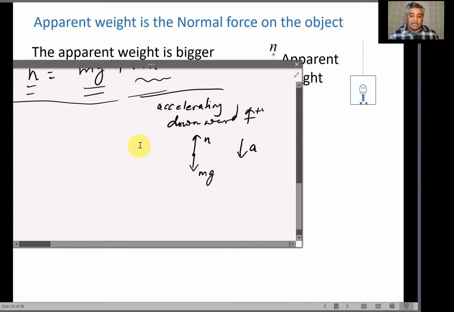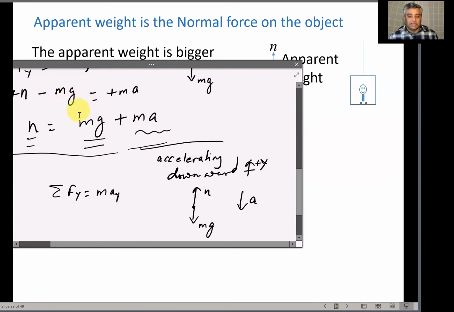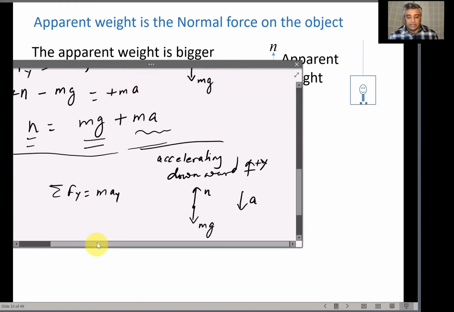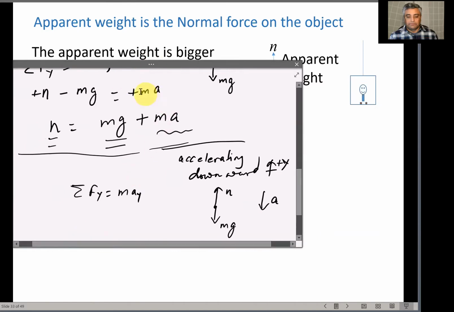So can you write down the equation for this? We are assuming up as positive. So we start from here just like we did. The only difference is now that this thing is also negative, right? This thing is also negative.